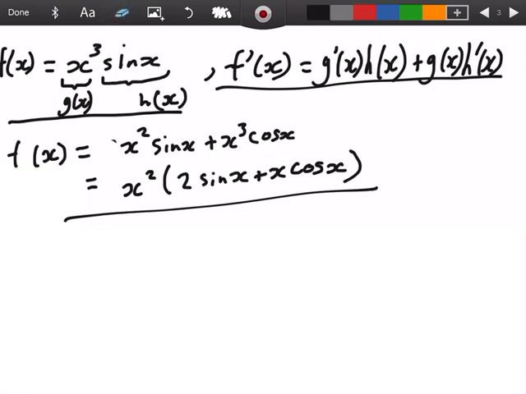That's a problem with going fast on these things. So that becomes 3x squared sine x plus x cubed cos x, because the derivative of h(x), which is here, is the derivative of sine x, which is cos x. So 3x squared sine x plus x cubed cos x.